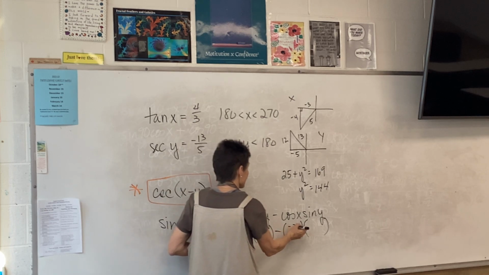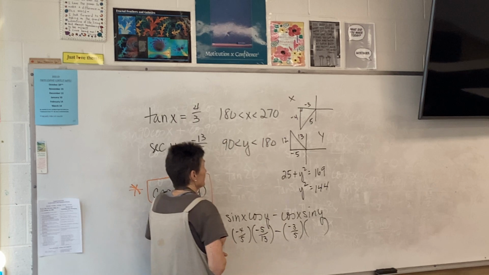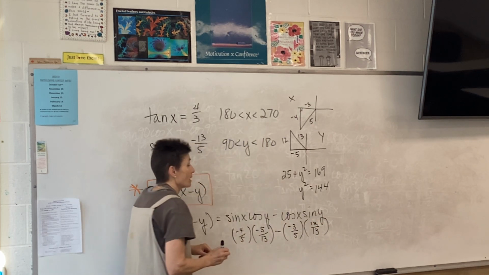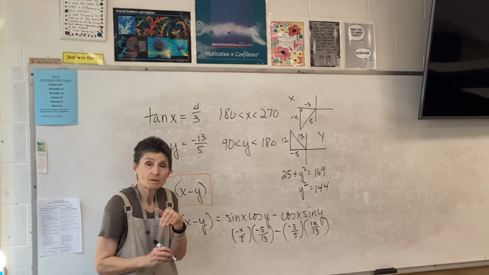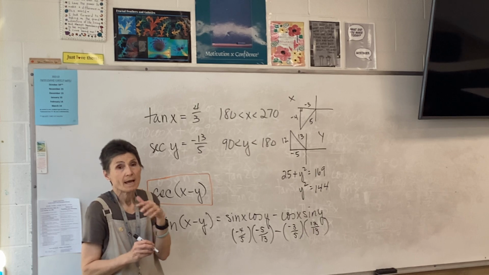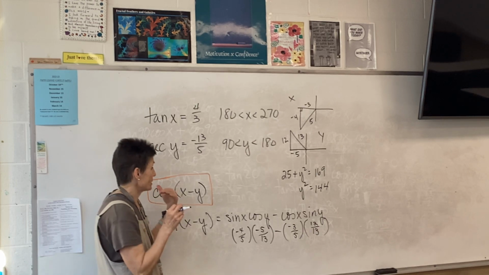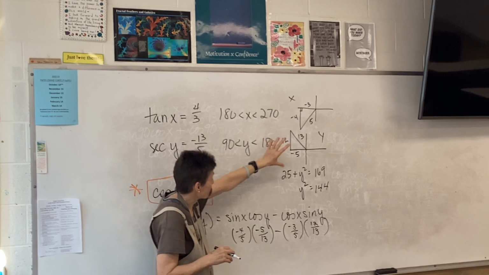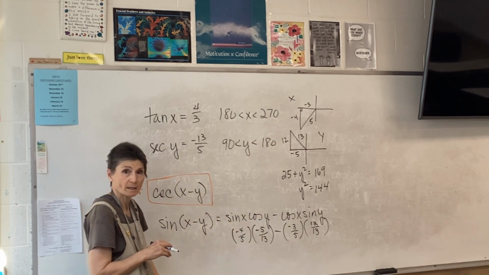Cosine x is negative 3/5. And sine y is 12/13. I drew a picture of x and y based on the given, and now I am just plugging in the sine and cosine values straight from the picture into the formula.